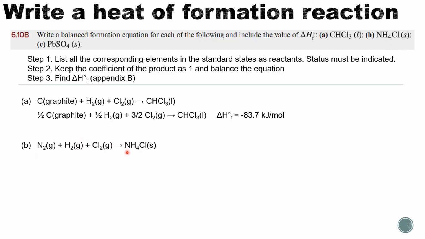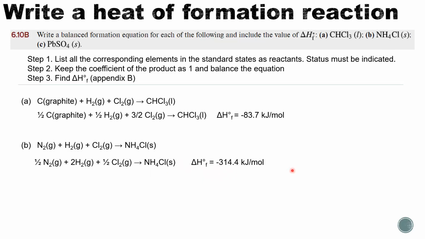We only have 1 nitrogen in the product, so the coefficient for nitrogen gas, which contains 2 nitrogen atoms, should be one half. Then in total we have 4 hydrogens, so we make the coefficient of hydrogen gas 2 and chlorine one half. Find the standard enthalpy of formation of the compound in Appendix B, and the standard enthalpy of formation of this reaction is negative 314.4 kilojoules per mole.